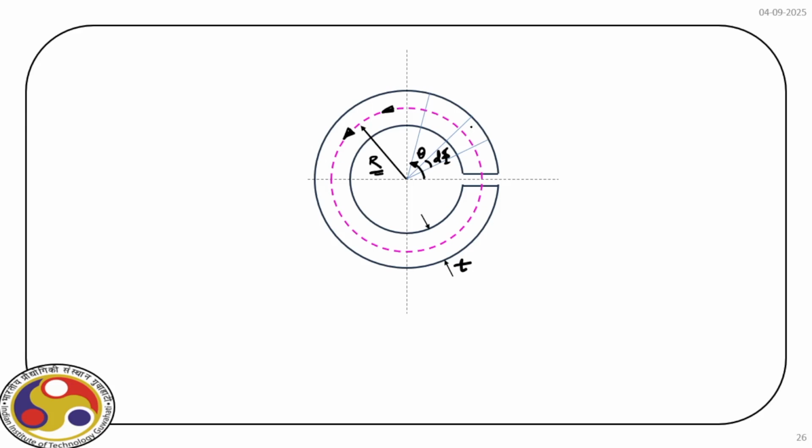And for that, we consider a curved path. So this is, say, ds, and the thickness is t.